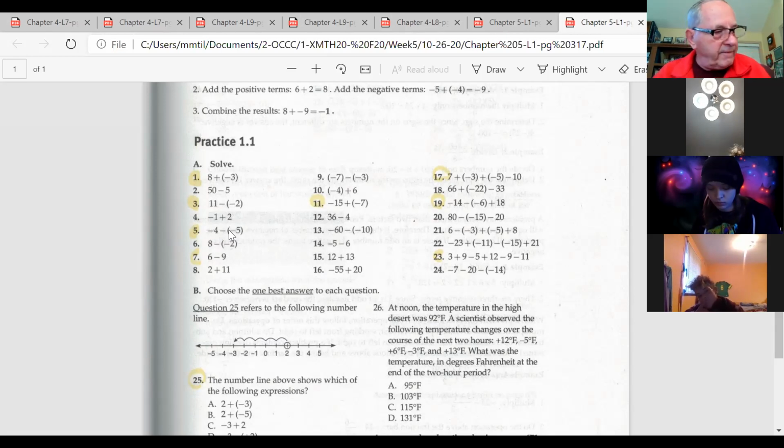What's that negative? Positive. It's a positive, right? So you've got -4 plus 5. What's that equal to? -1. Not -1. What is it then?